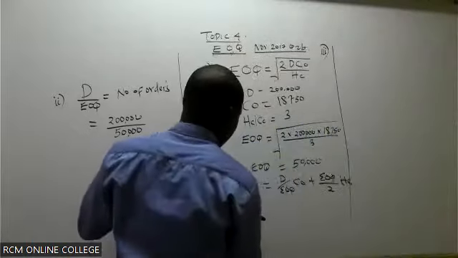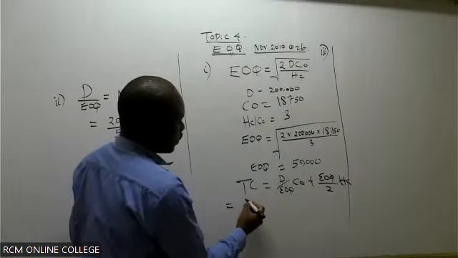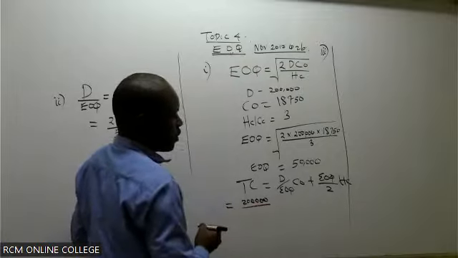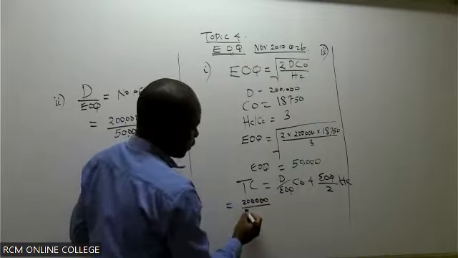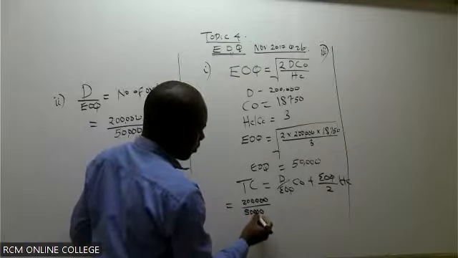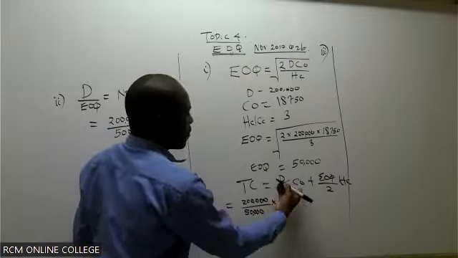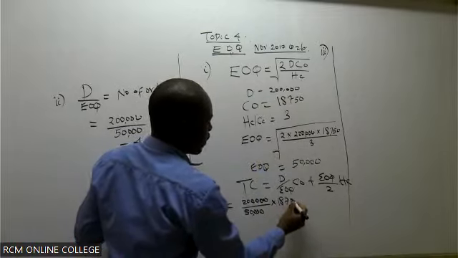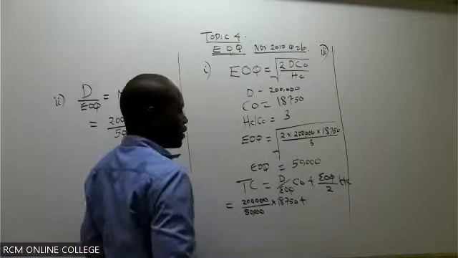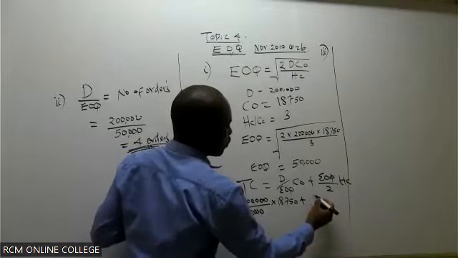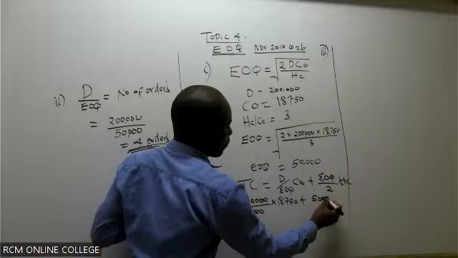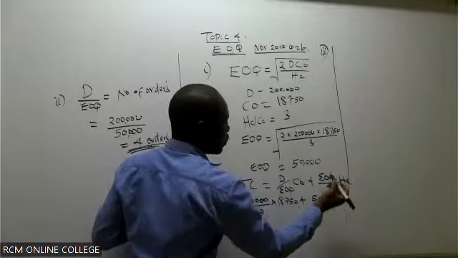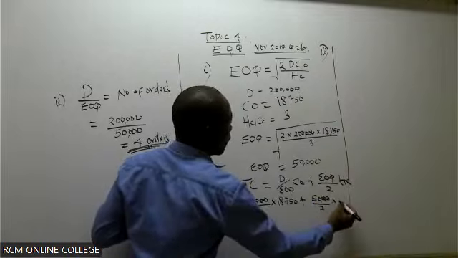So having identified that, let's now go ahead. Demand is 200,000. We divide by economic order quantity, which is 50,000. Basically number of orders. Then we multiply by ordering cost, which is 18,750. To that, we add economic order quantity, divide by 2, then multiply by holding cost, which is equivalent to 3.